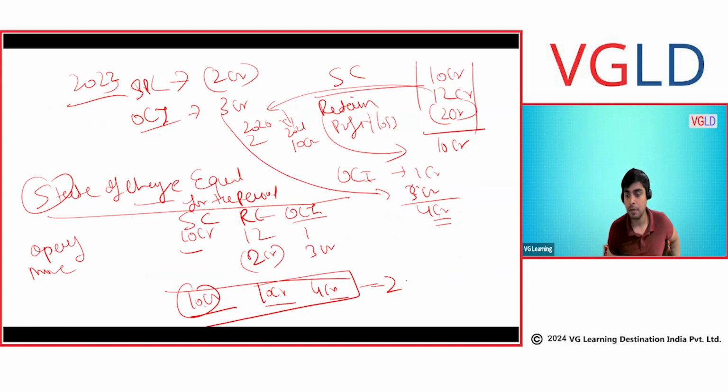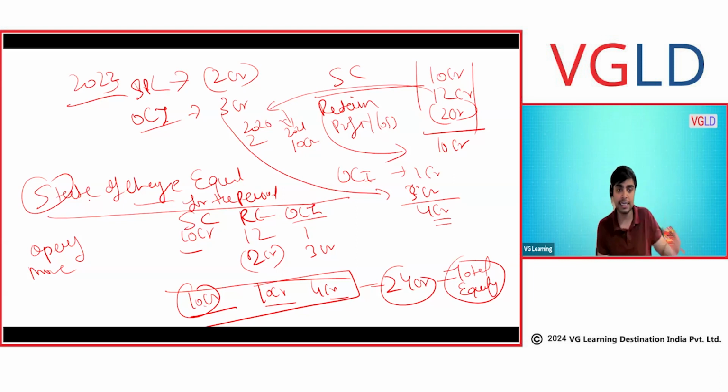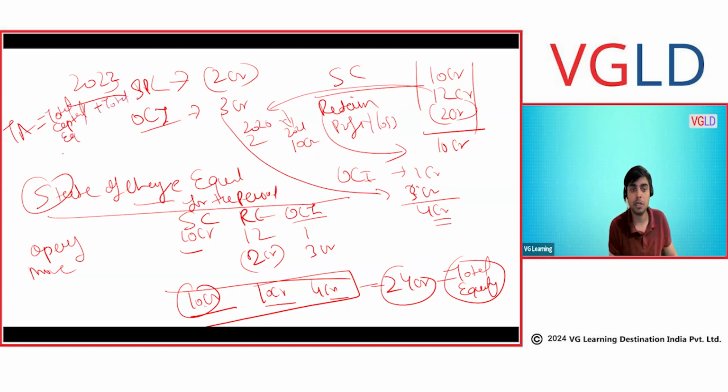Right, Gautam? This is your total equity. In your balance sheet, total assets would be represented by total capital or equity and total liability. So this 24 crore would be your total equity. Okay, Gautam?